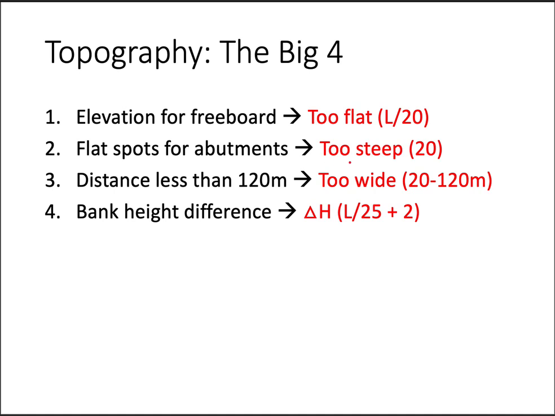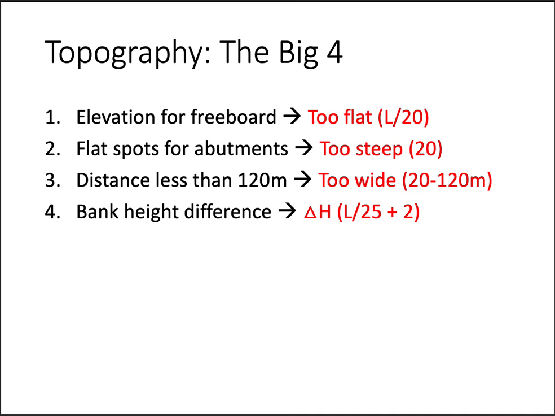The other situation, too steep. We run into this a lot of times. This doesn't work because you have to excavate too much earth. Too wide. This doesn't work because you need huge abutments and you need to mitigate for the wind. And delta H, when you have a really big difference between the two banks, greater than L over 25 plus 2, it doesn't work because it makes the decking too steep and it becomes difficult to walk across.